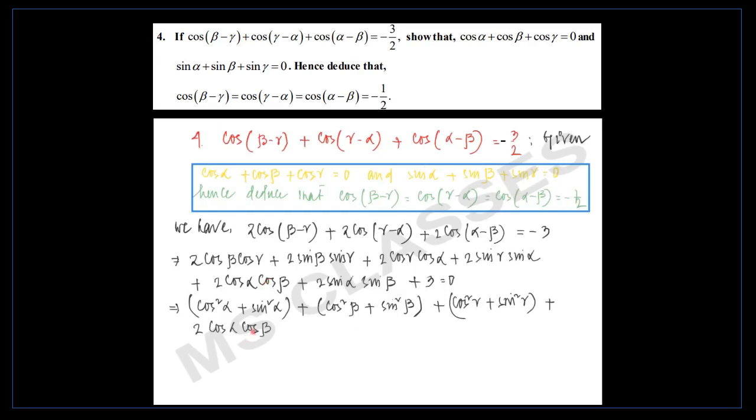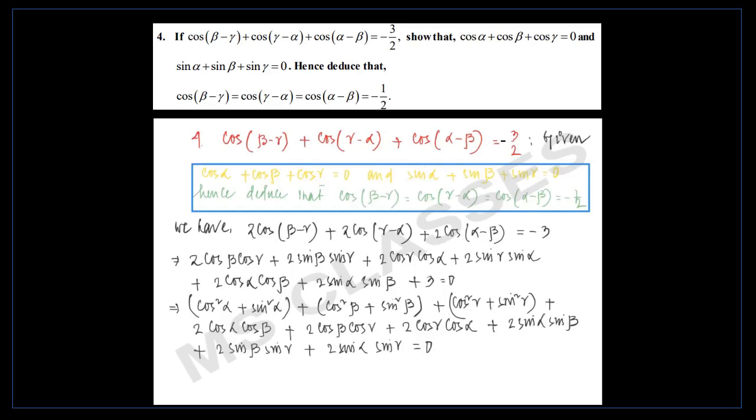After this, the order has been changed. Plus 2 cos beta cos gamma plus 2 cos gamma cos alpha. I'm taking the cos part together, and then I write 2 sin alpha sin beta plus 2 sin beta sin gamma plus 2 sin alpha sin gamma is equal to 0.